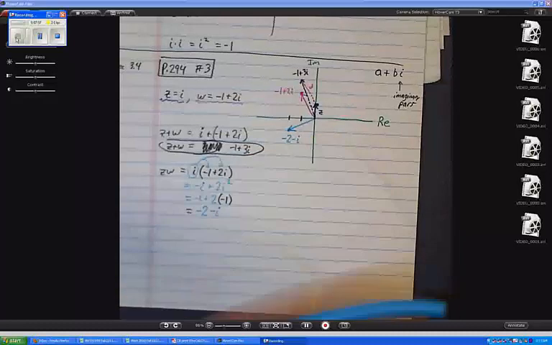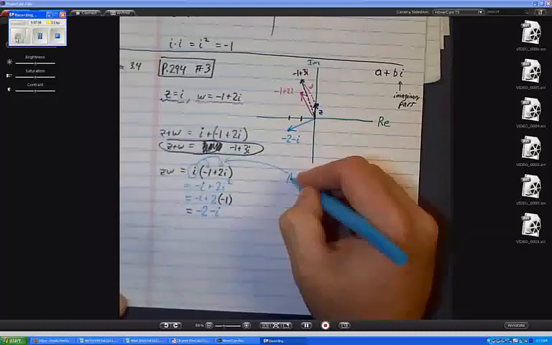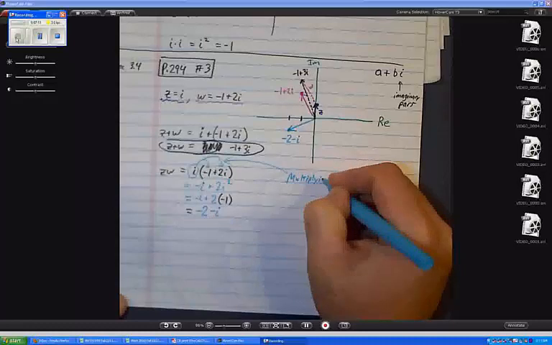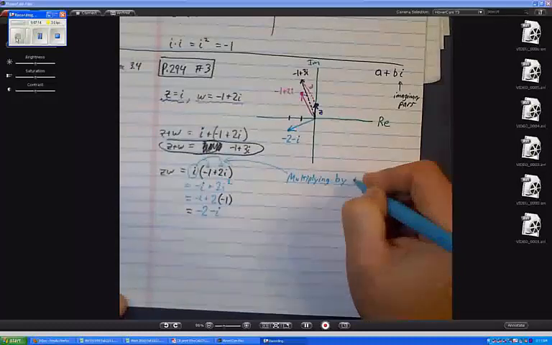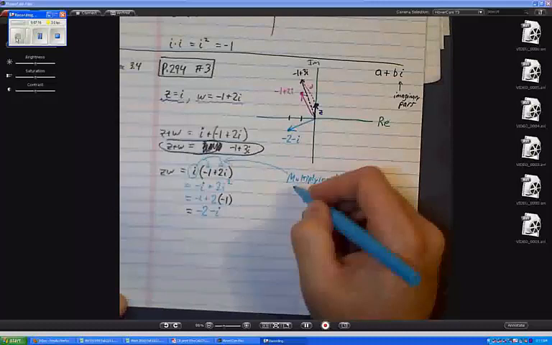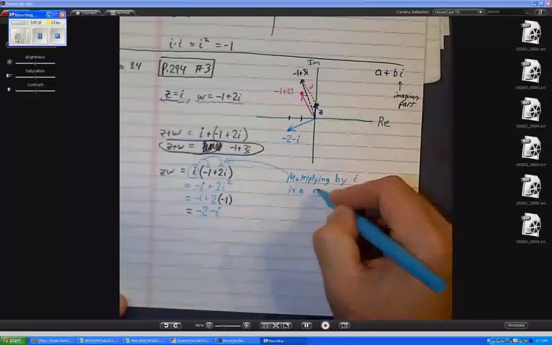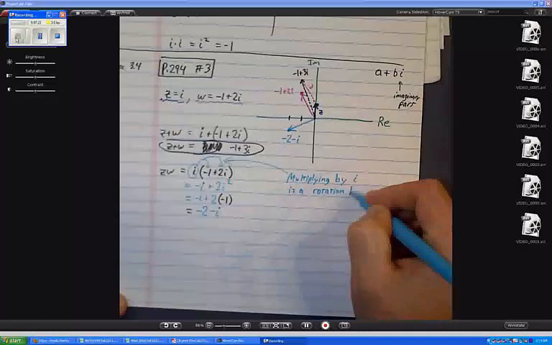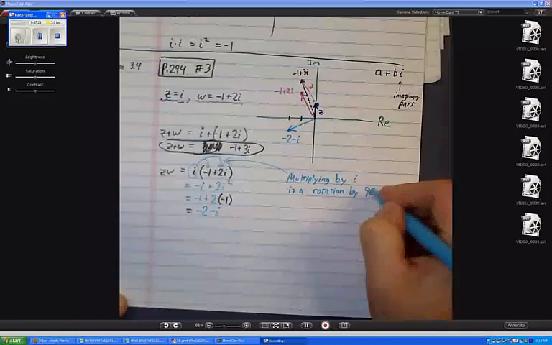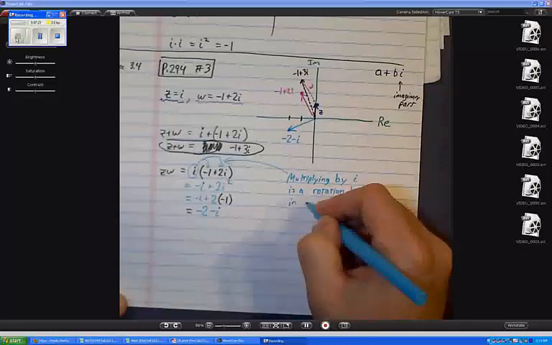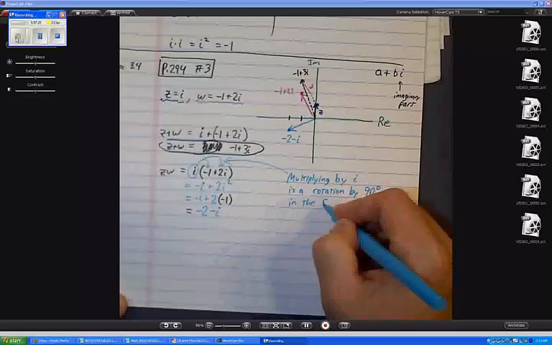Okay? Multiplying by i is a rotation by 90 degrees in the complex plane.